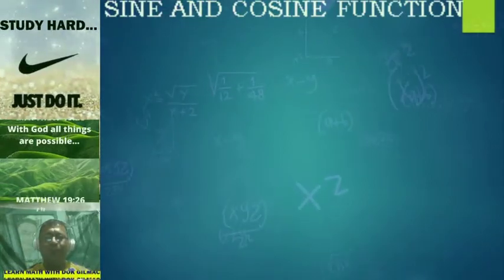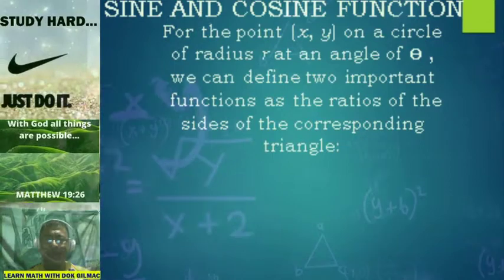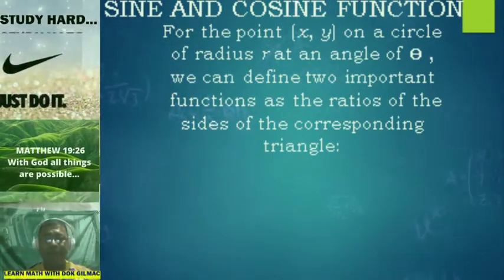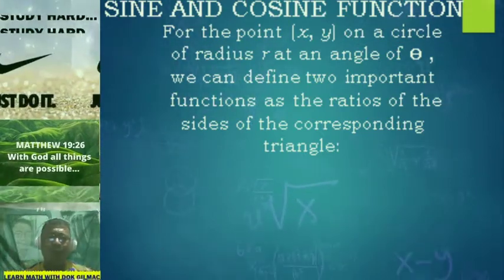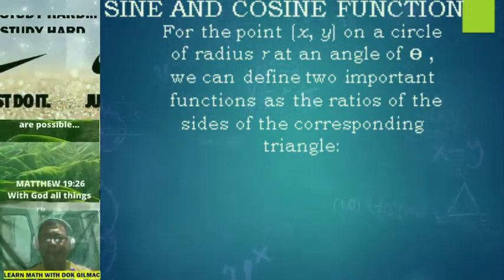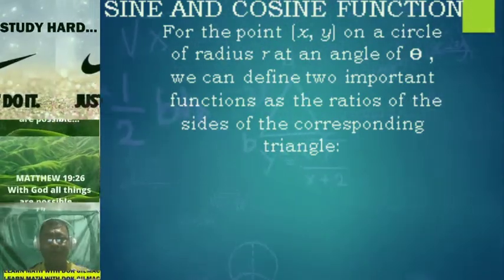Consider sine and cosine function. For the point xy on a circle of radius r at an angle of theta, we can define two important functions as the ratios of the sides of the corresponding triangle.